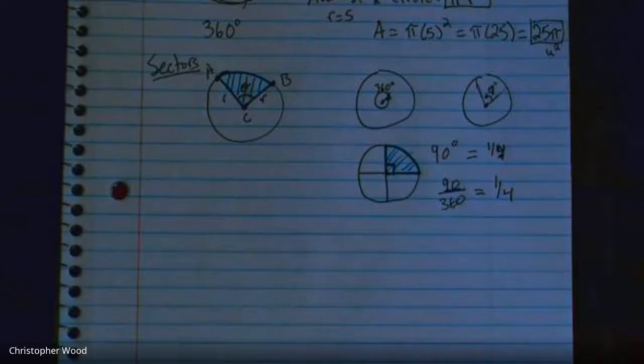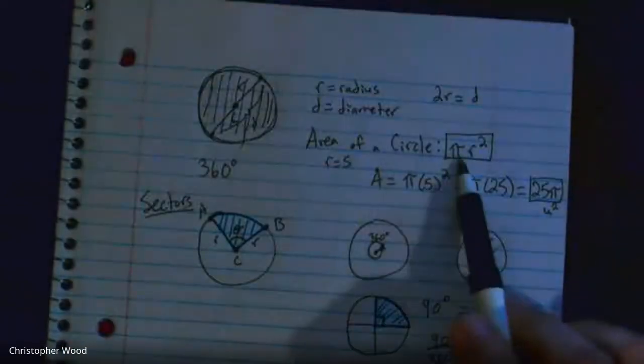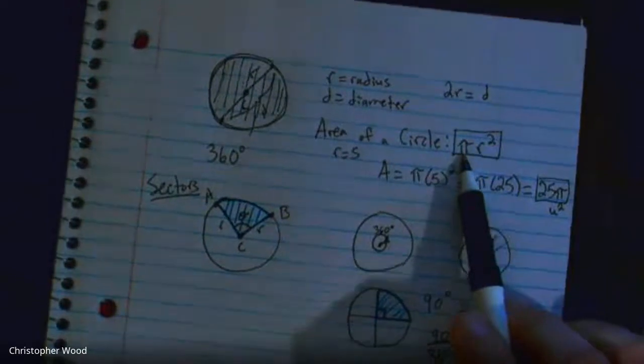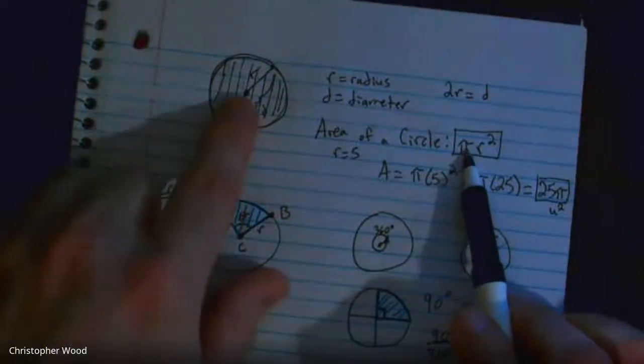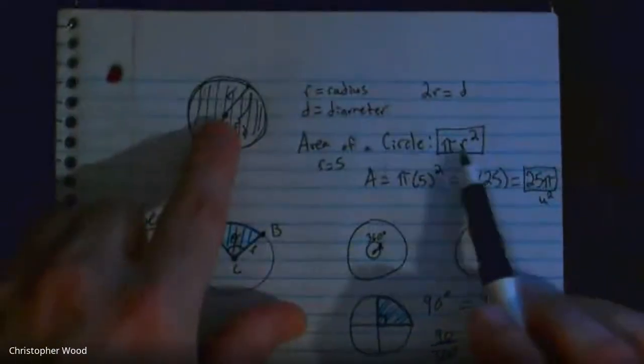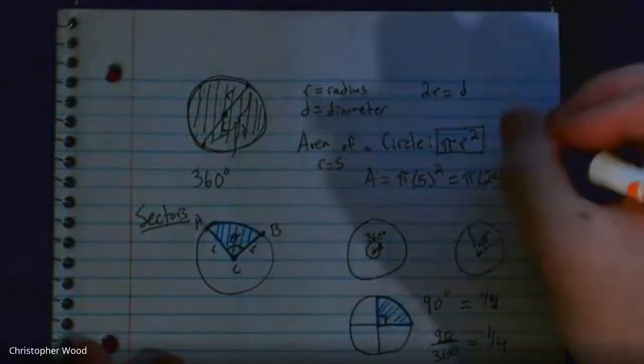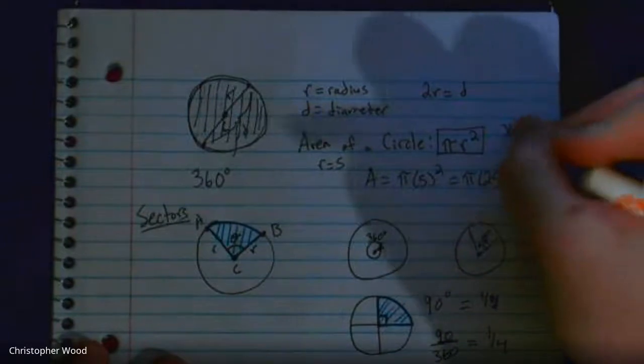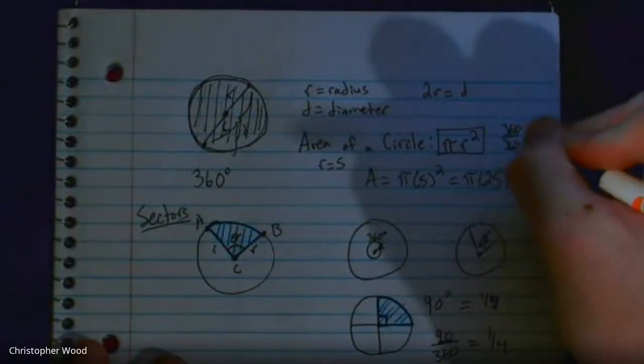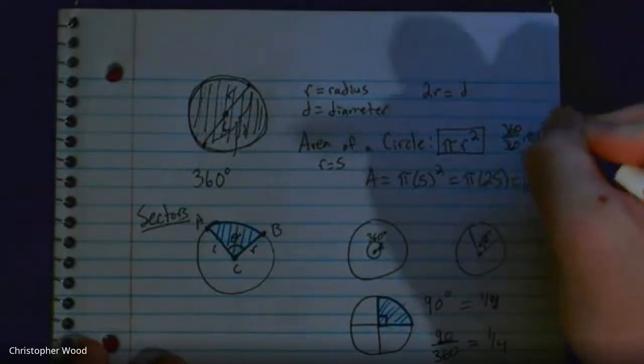This is important because we know that the area of a circle, we just talked about it, the full circle is 360 degrees, and the area is pi r squared. We can rewrite that as 360 over 360 times pi r squared.